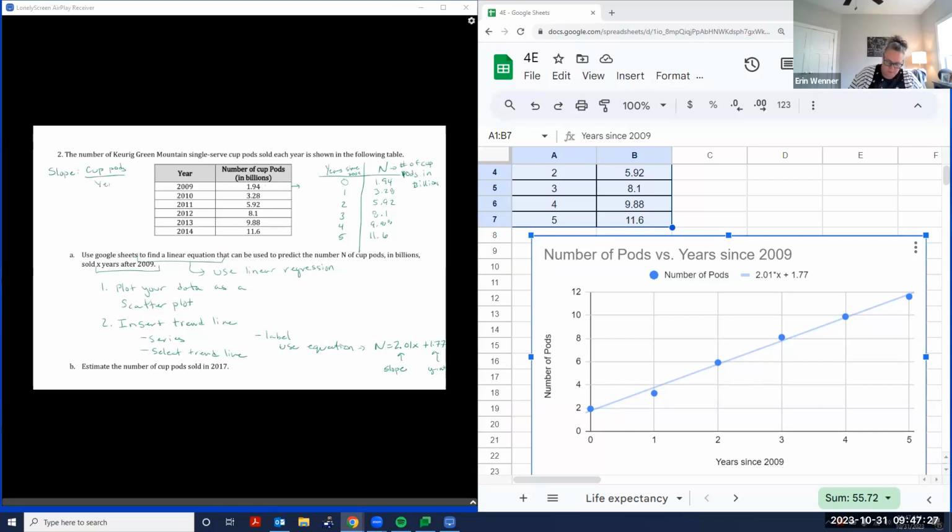So if we have cup pods over years, that means that if we have a slope of 2.01, our number of cup pod sales is increasing by 2.01 billion cup pods per year.